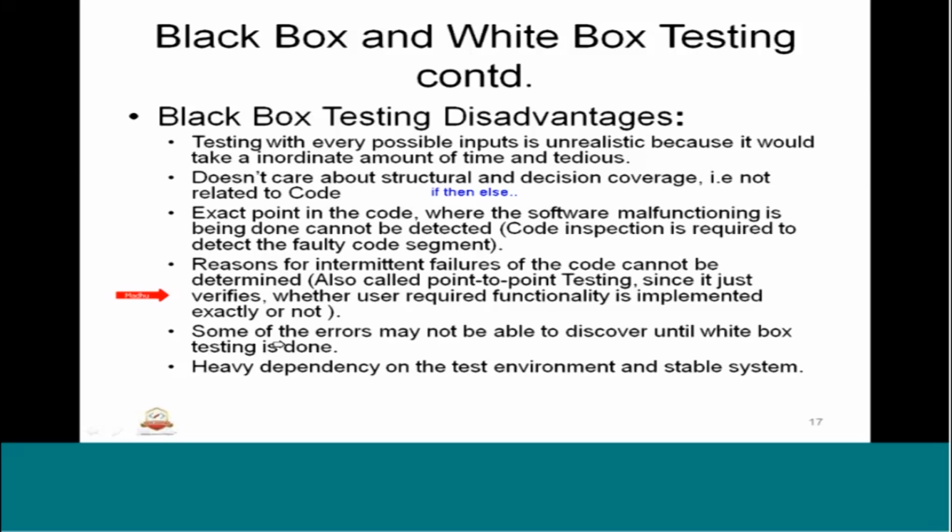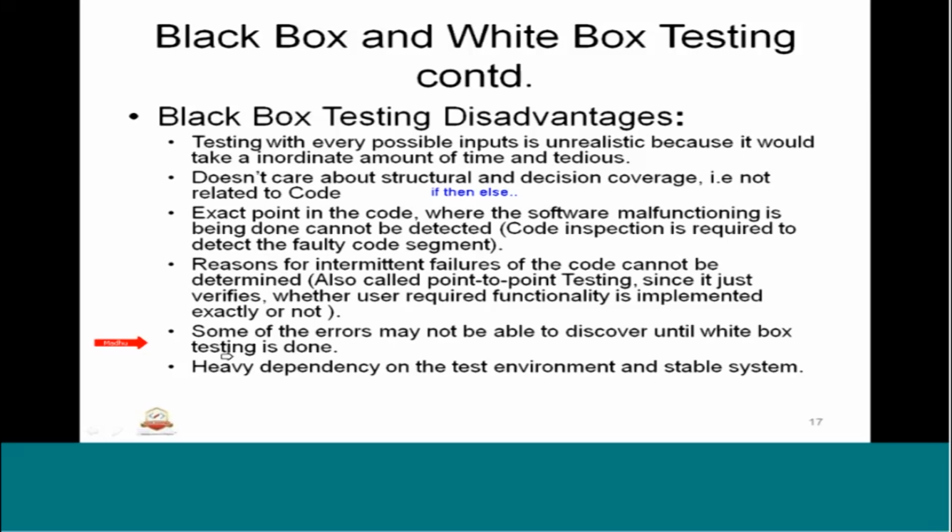The next disadvantage is that some of the errors may not be discovered until white box testing is done. As I said, all these disadvantages may require white box testing. With the help of white box testing, we might analyze and come to a conclusion why it is failing at the higher level.